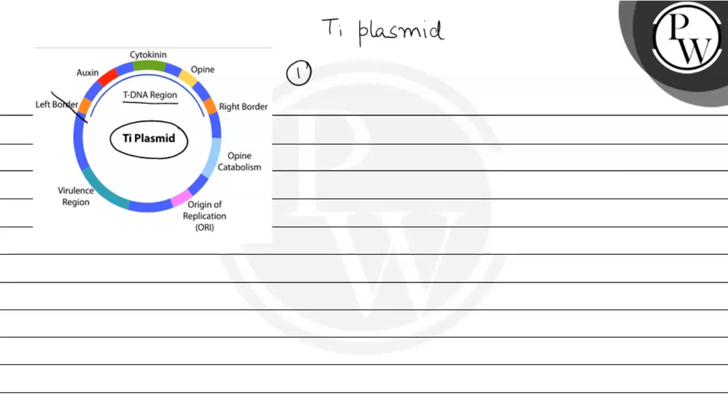So this entire part of the plasmid is the tDNA region. So the tDNA, also known as the transfer DNA, is the tumor inducing region of the plasmid.